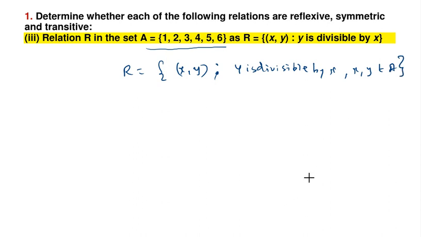Now, taking any violation is enough. So 1,1: 1 is divisible by 1, 2 is divisible by 2, 3 is divisible by 3. According to the reflexive rule, a comma a belongs to R. Why?